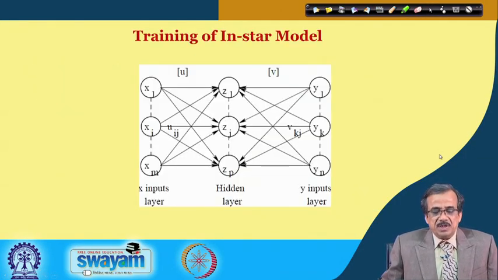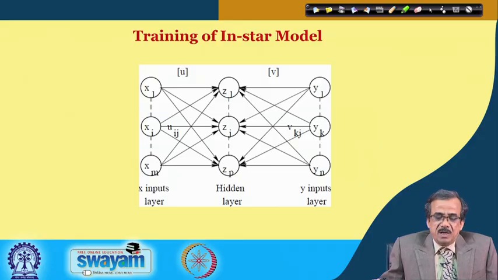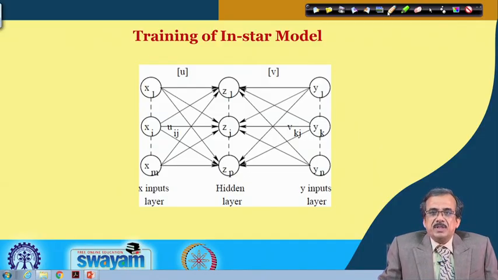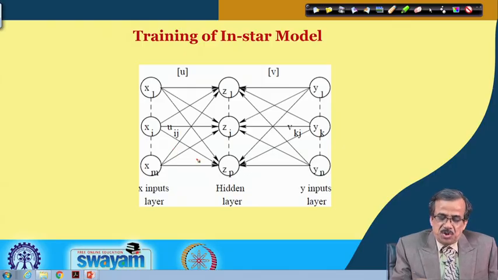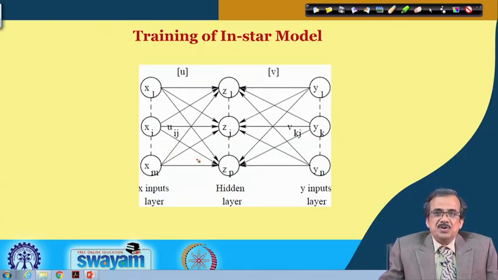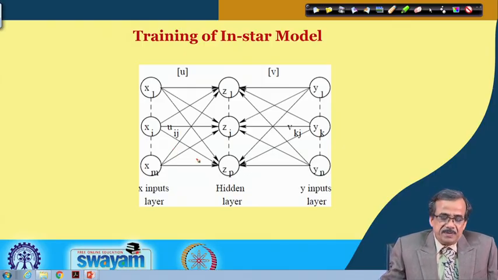So, let me concentrate first on this particular in-star model, and I have already mentioned that in the in-star model we consider the two input layers and the hidden layer. Now, here, these two input layers we are drawing in a slightly different fashion.